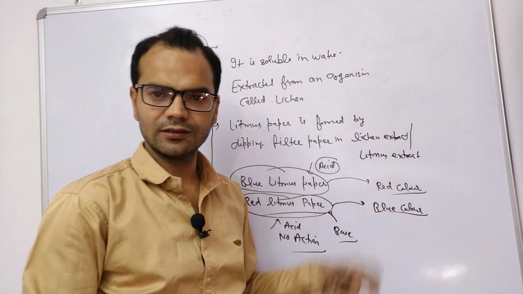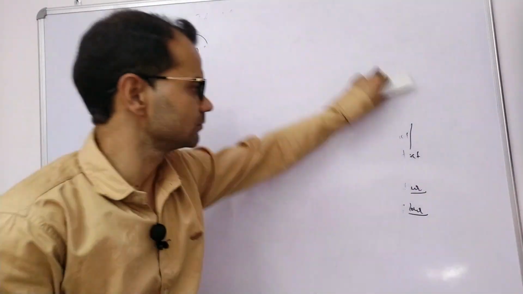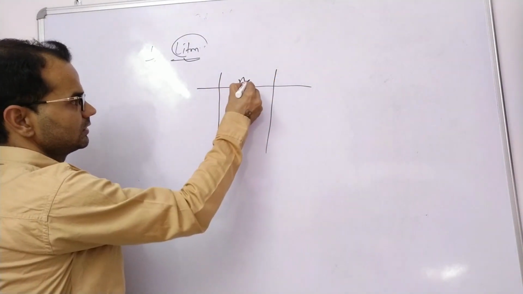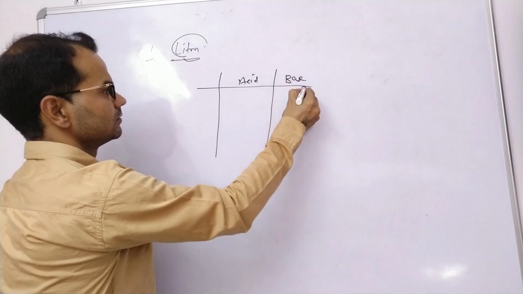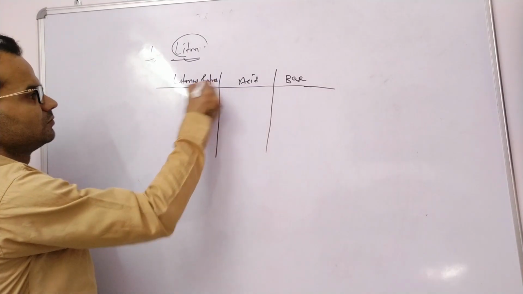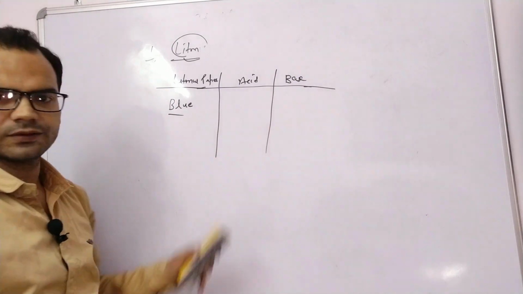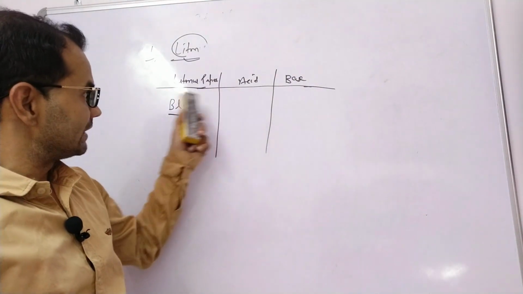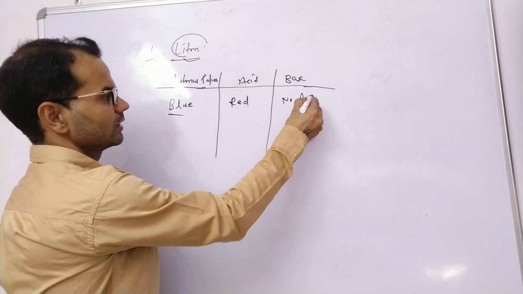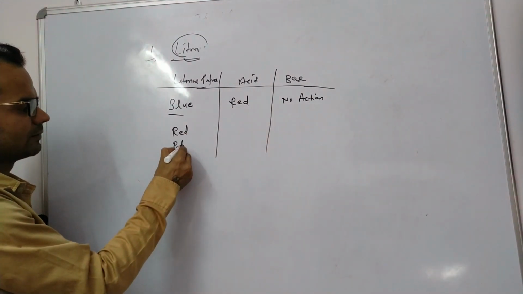So what is the conclusion? Acid, base, litmus paper. First, blue litmus paper. What will acid do? Acid will change blue to red. Base, no action. And second, red litmus paper.